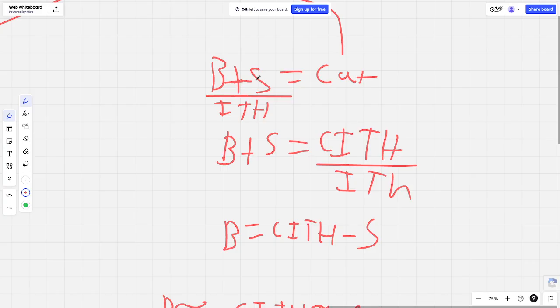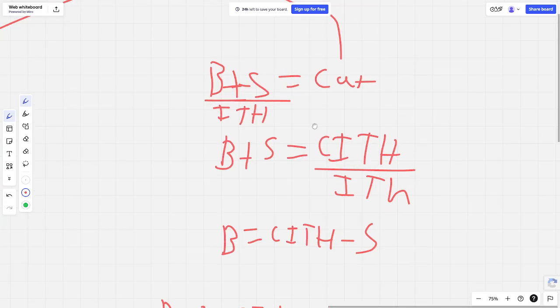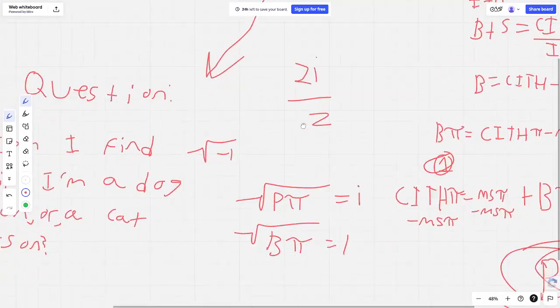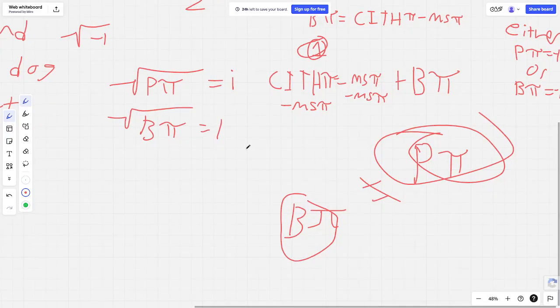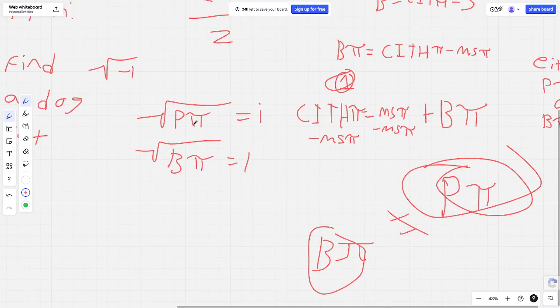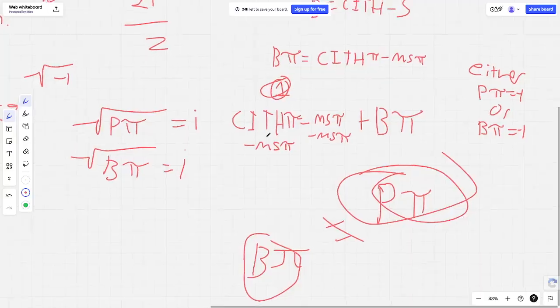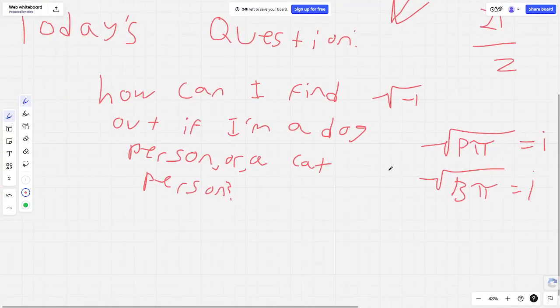Blueberry plus syrup, ew, equals in the hat. So yes, we're getting somewhere. We have p pi equals I. That didn't mean to be 1. Sorry, I'm tripping up on my own calculations here.